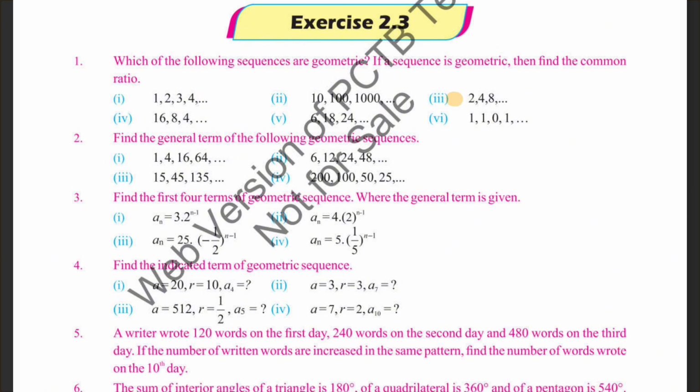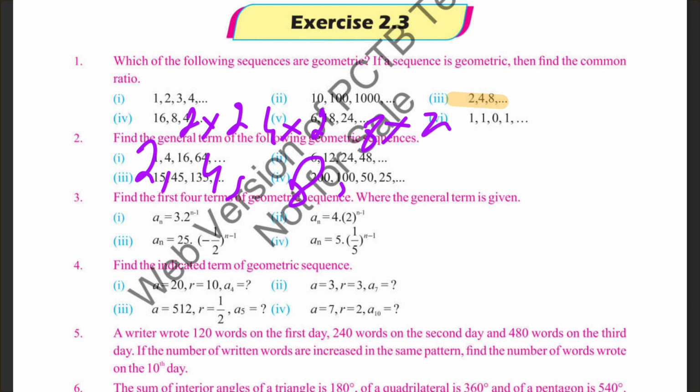Next, here we check, 2 is the first term, and now multiply 2 by 2, the next term we gain is 4, and 4 multiply by 2 gains 8, and 8 multiply by 2, the next term is 16. It means this is a geometric sequence.